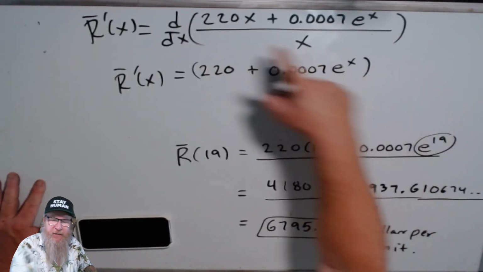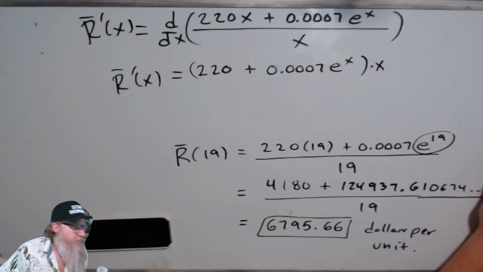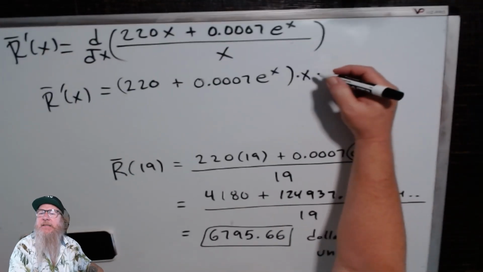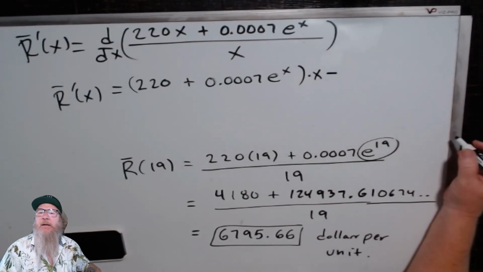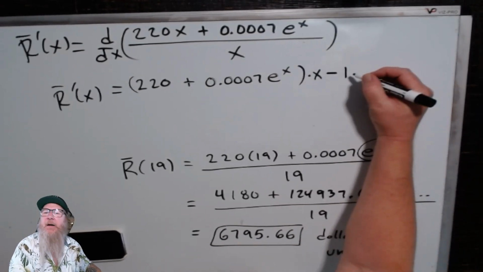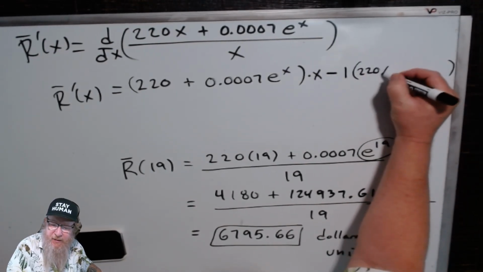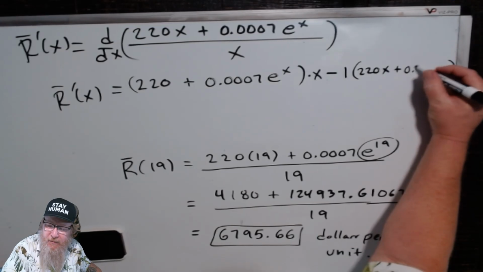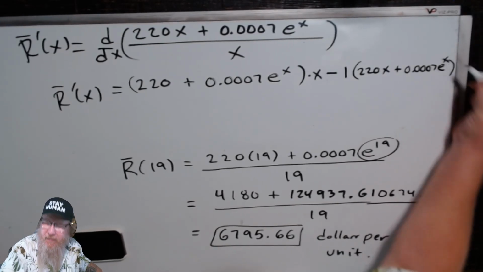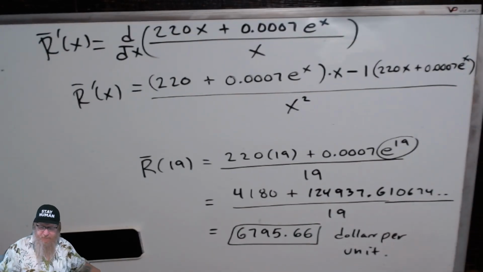So that's the derivative of the top times the bottom minus the derivative of the bottom, 1 times the top. Let's see if I can squeeze this in here. All over the denominator squared.